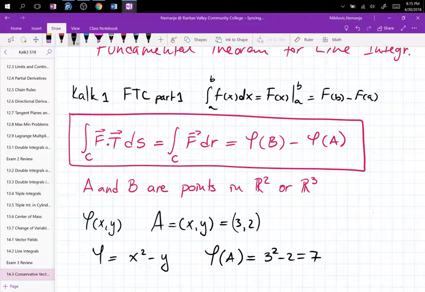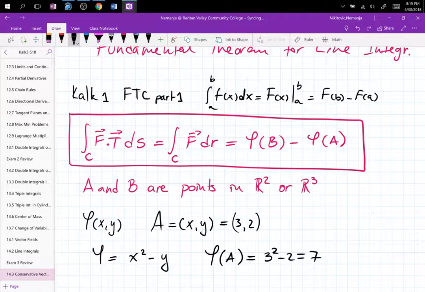Because if F is conservative in your vector field line integral calculation, then you have those potential functions. You will plug in the points at the end. Remember what the line integral was, the line that stretches between 2 points. We had an example in class, a line segment which stretched from 0, 0 to 5, 5. Well, A is 0, 0 and B is 5, 5 in that example.